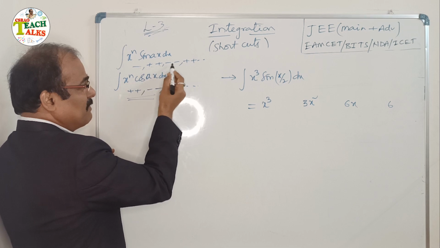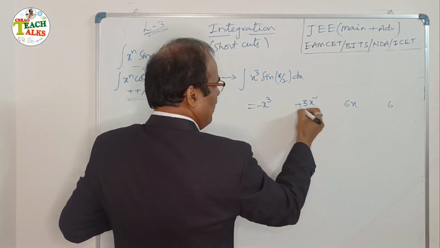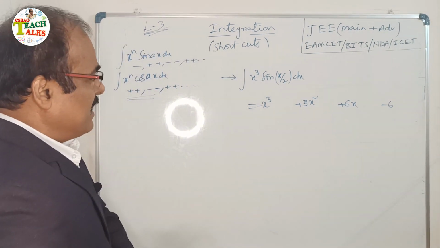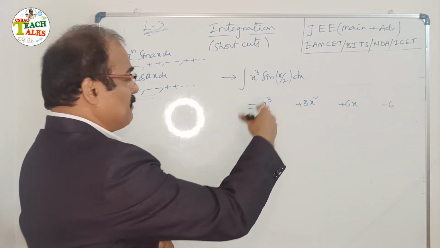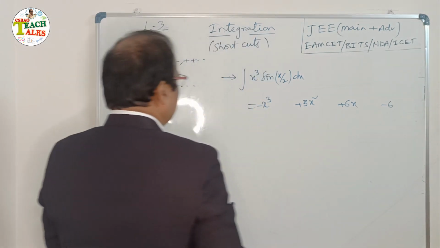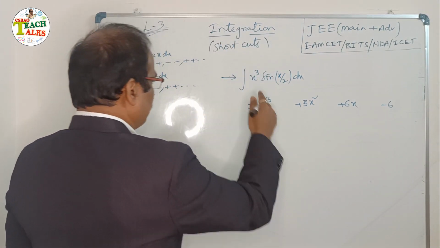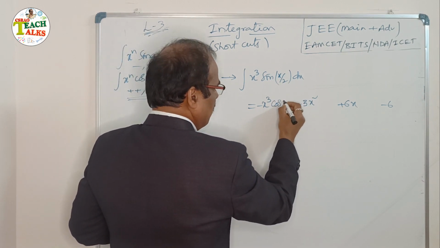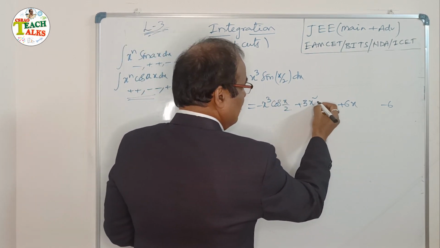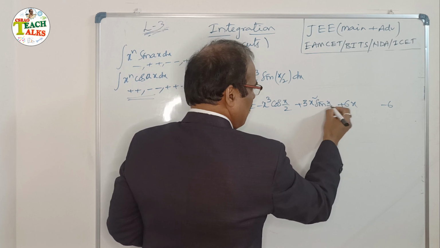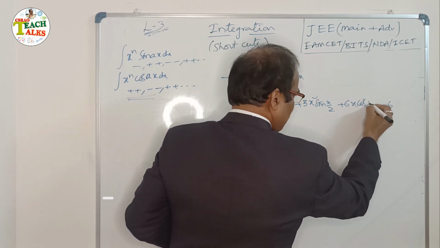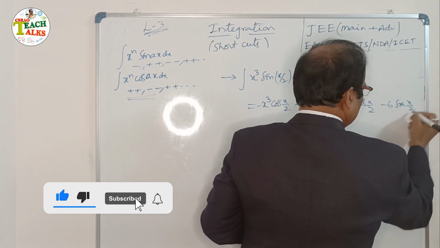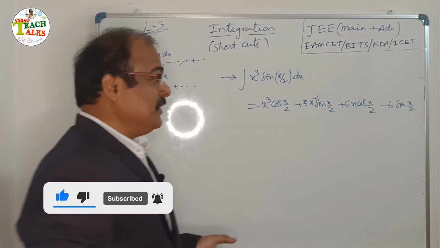Minus plus minus plus, alternating signs. Now sin becomes cos x by 2. Here sin x by 2, here cos x by 2, here sin x by 2. It is finished.